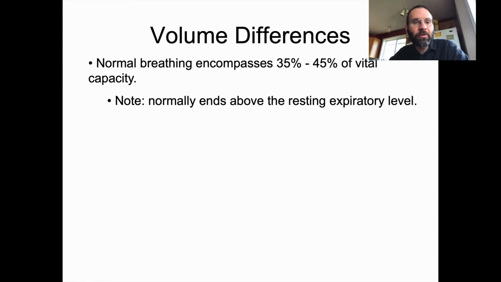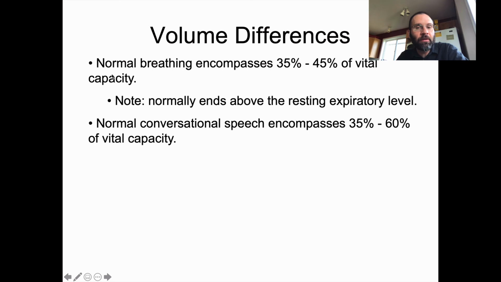So normally breathing will encompass about 35 to 45% of vital capacity and will end above the resting expiratory level. When you speak, normally in a conversation, that will encompass a little bit more of that range, from 35% to 60% of your vital capacity. Again, staying on top of the resting expiratory level, which is at about 35%, but maybe going a little bit higher in case you want to speak a little more loudly.